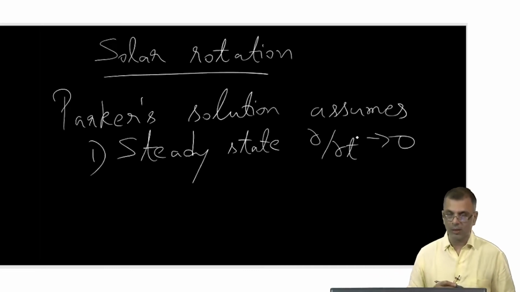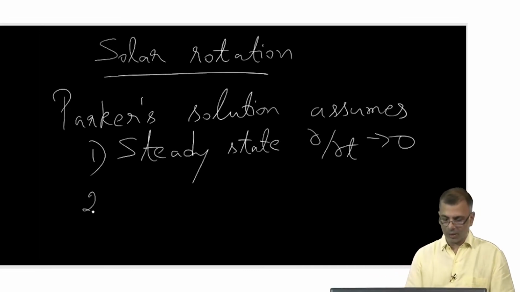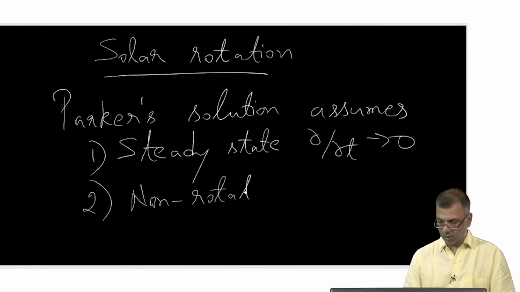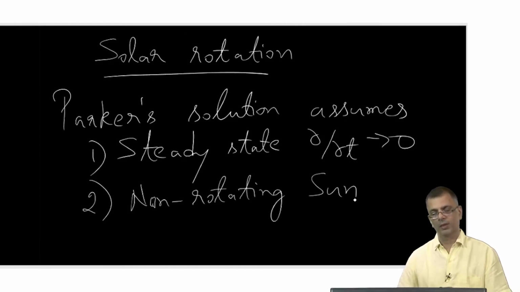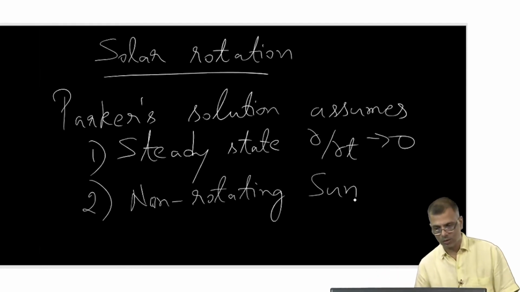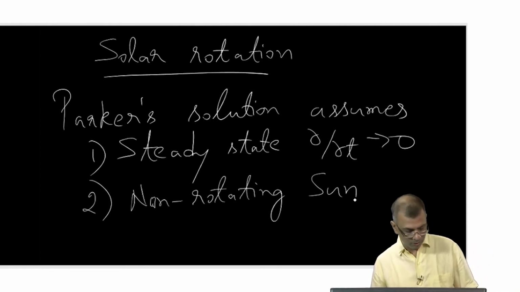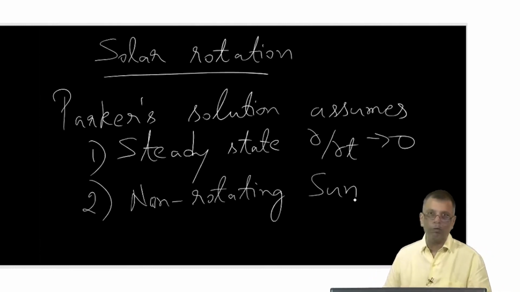That is what I mean by steady state, and a non-rotating sun. This is what Parker's solution assumes. It assumes that you have steady state, and that is true for all the solutions that we discussed.